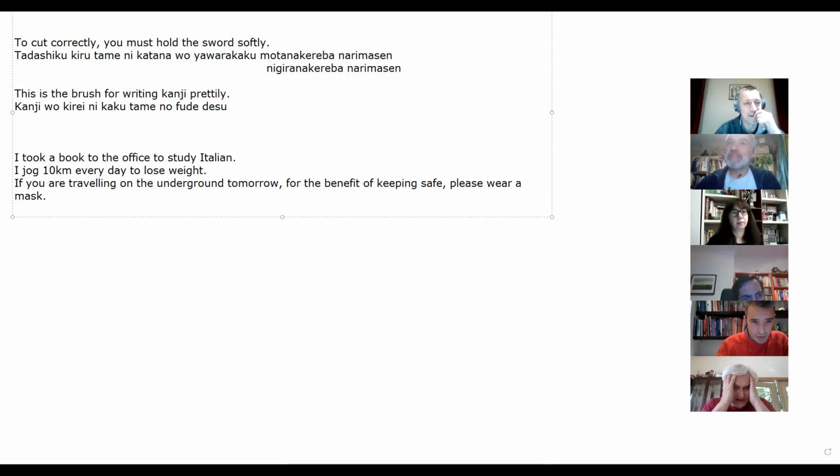Can you now just redo the sentence in the similar way we did before? この筆は漢字をきれいに書くためです。 きれいに書くためです。Good. Exactly. Excellent.